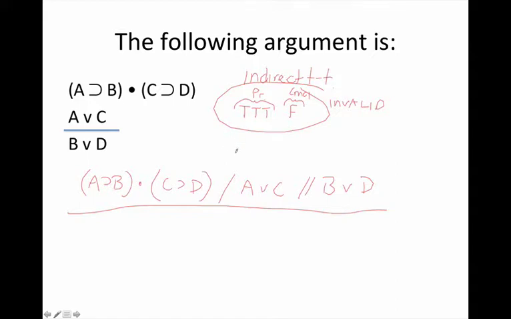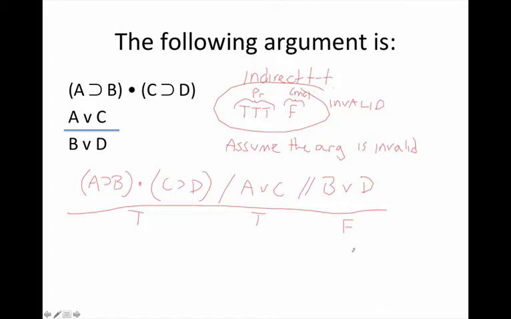One of the great approaches is to assume the argument is invalid and then work backward. So what does it look like for this argument to be assumed invalid? True premises and a false conclusion.